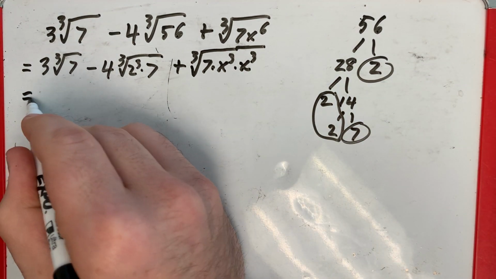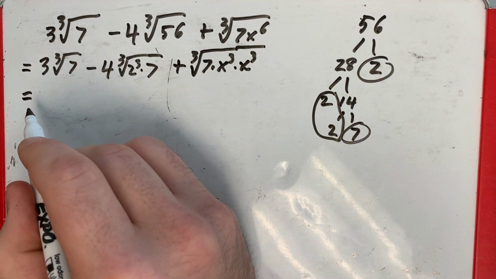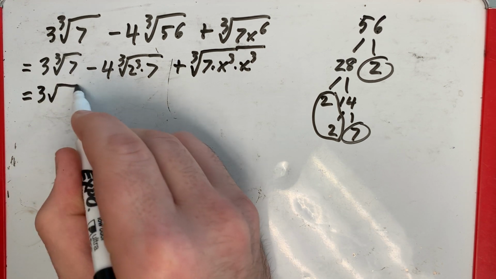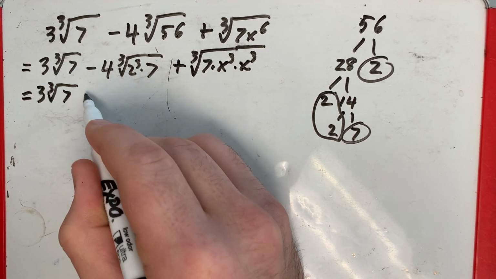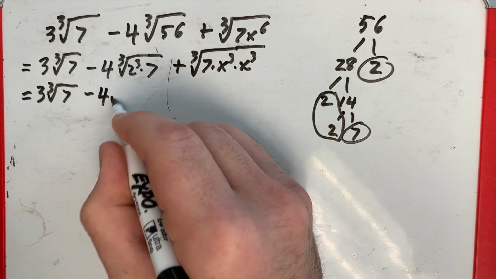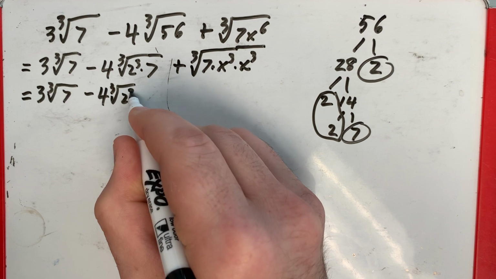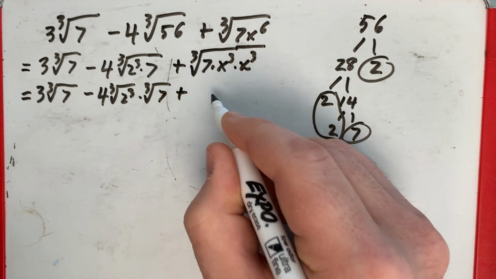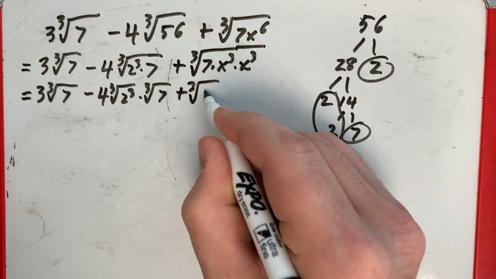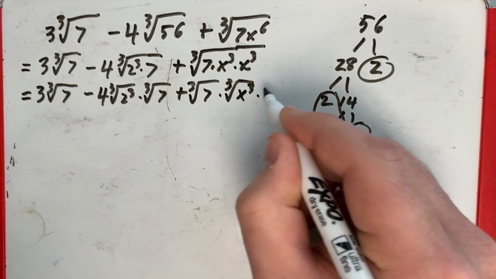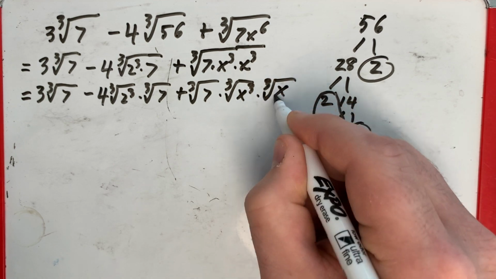So now I'm going to use our product rule for radical expressions. As before, can't really do much with this first term. So continuing along, this gives us 4 cube roots of 2 cubed times cube root of 7 plus cube root of 7 times the cube root of x cubed times the cube root of x cubed.